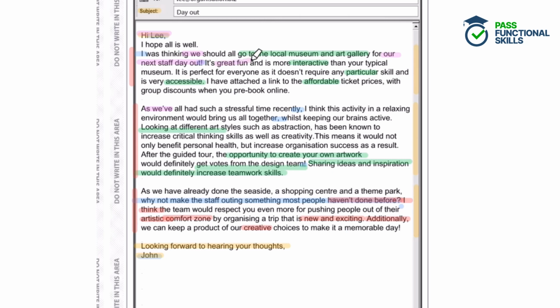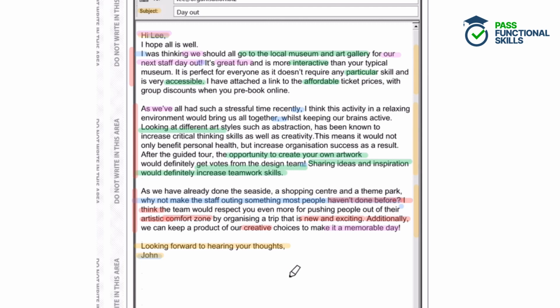We've got it's great fun, and we've also got make it a memorable day, so some more kind of emotive language being used. And this is to persuade Lee.